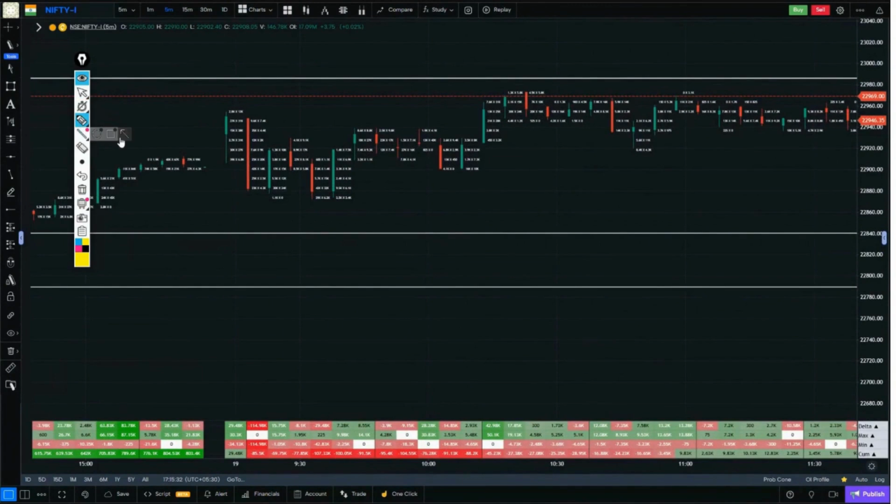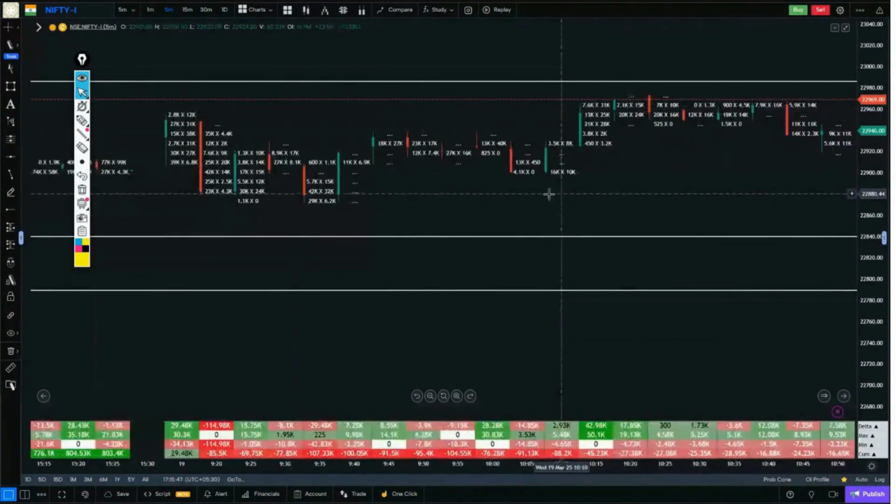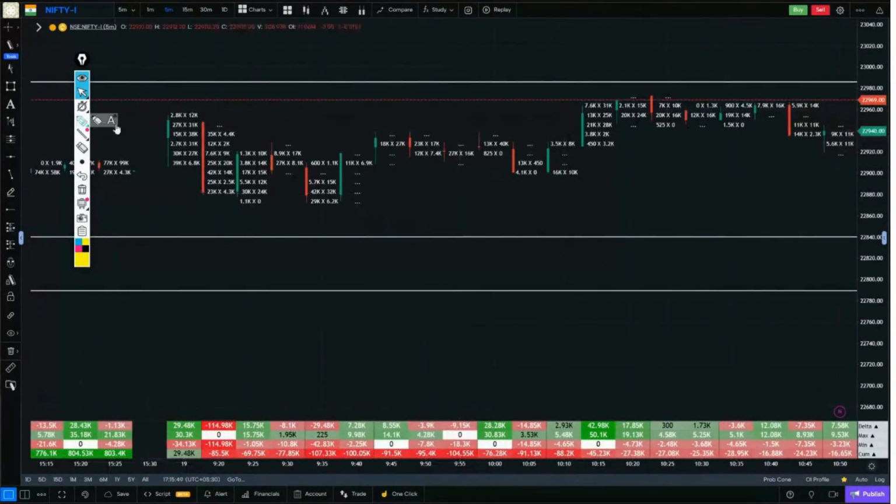Delta is simply the difference between buyers and sellers. The information it provides us is what we call delta. For example, if we take the first candle, what is the delta of this candle? The value of the topmost line is around 29,000 in the green box.